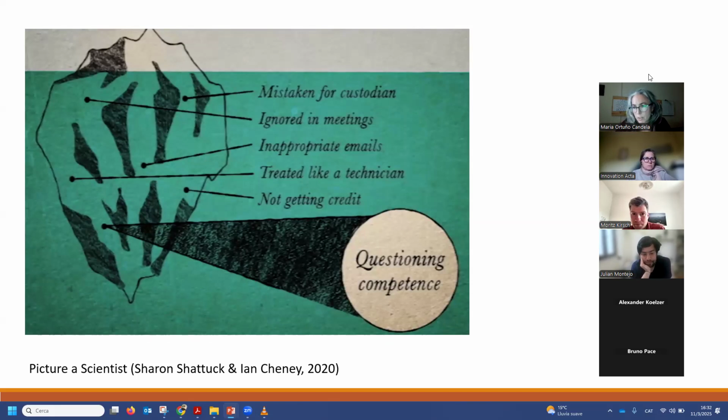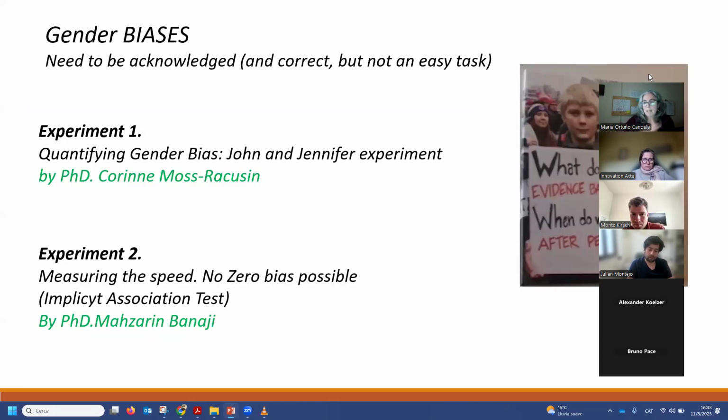And this is very common in meetings or when you are dealing with maybe a majority of men or whatever, that you are not getting credit. And I can consider myself lucky, but I've seen this very often to colleagues. So questioning or inappropriate emails or ignoring them in meetings, or as you saw, they ignore it in meetings. So not taking into account women to organize the special sessions of a meeting. This is another issue, the sexual harassment.